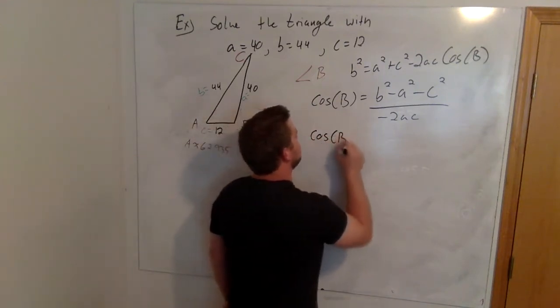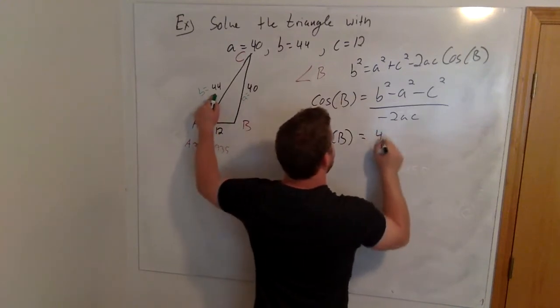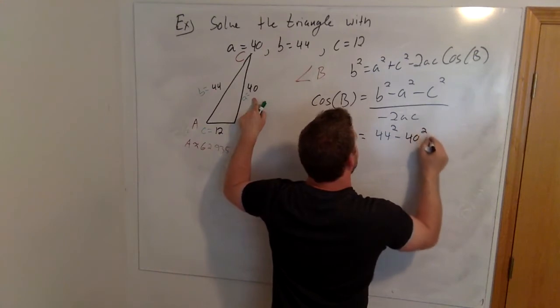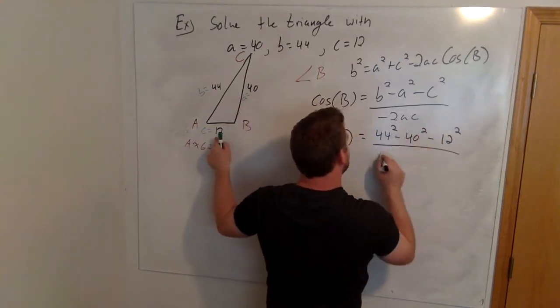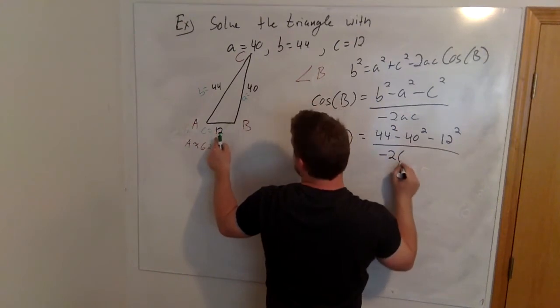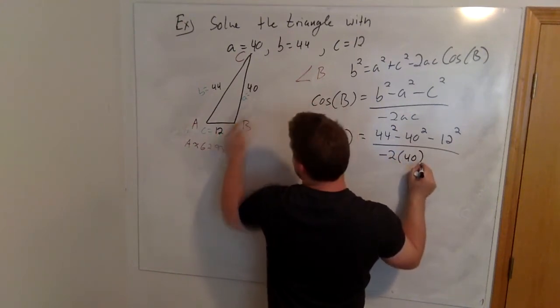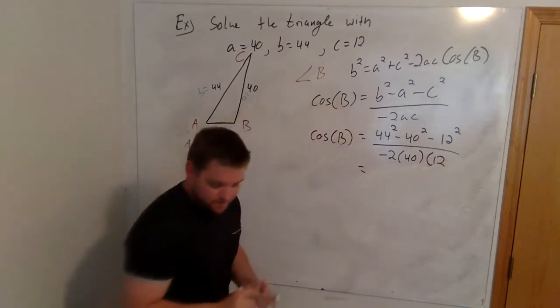So the cosine of B here is going to be equal to 44 squared minus 40 squared minus 12 squared, all over negative 2 times our A, which is 40, and our C, which is 12. Okay, so let's compute this and see what we get.